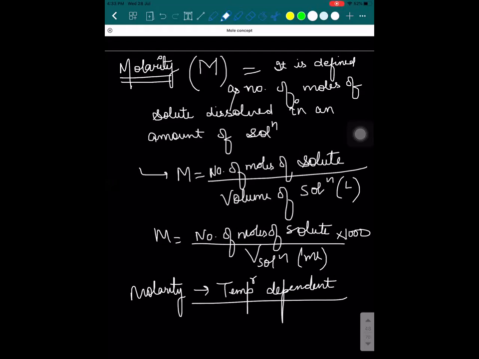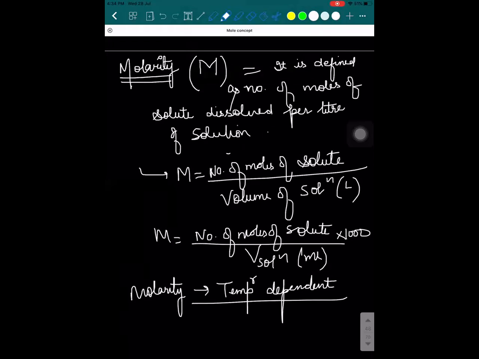First, you people write it down. Molarity is defined as the number of moles of the solute dissolved in a particular amount of solution. I'm not finding it a very good definition, so just change your definition: amount of the solute dissolved per liter of solution will be better.